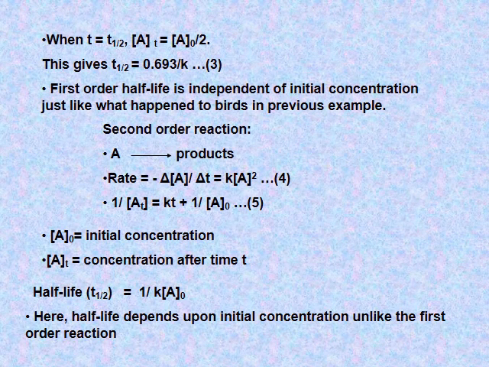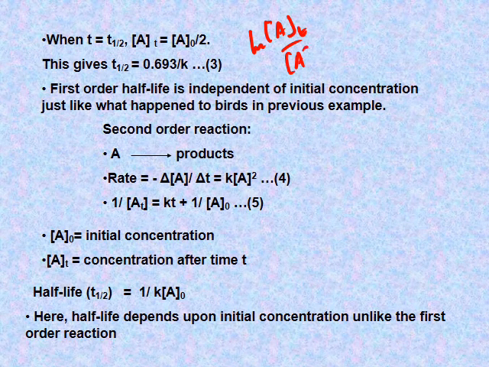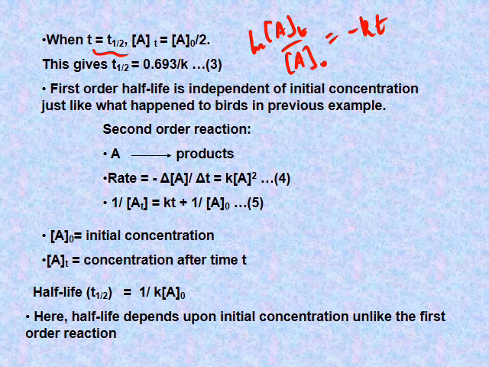You can readily get an expression for half-life for a first order or second order reaction. Remember, for a first order reaction, there is an expression like this: log of AT over A0. Keep in mind, this is a natural log with respect to base e, not base 10, equals minus KT. T is the time, K is the rate constant. Now, if I want to calculate the half-life expression, when T equals T half, AT is going to be A0 over 2.